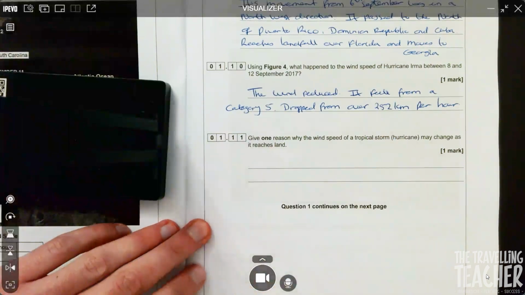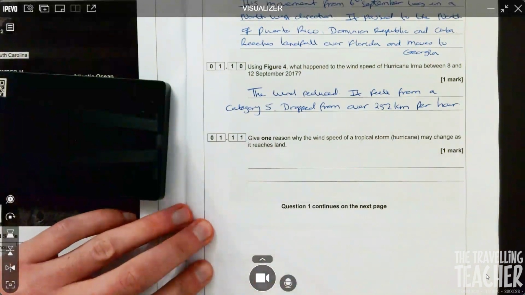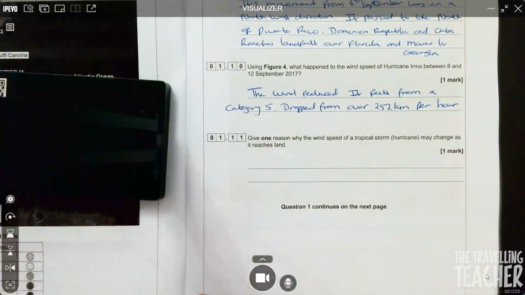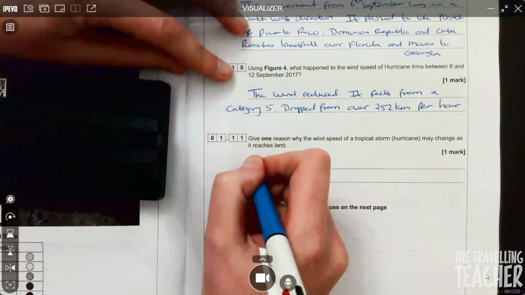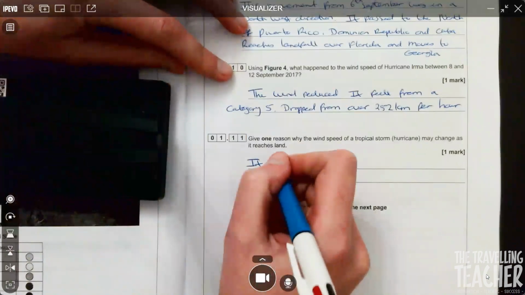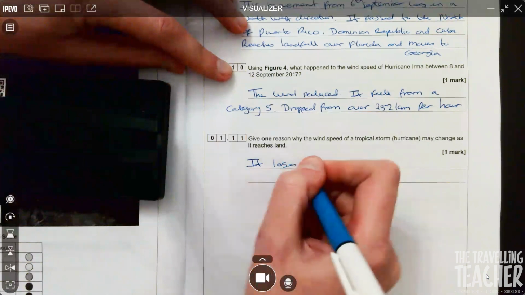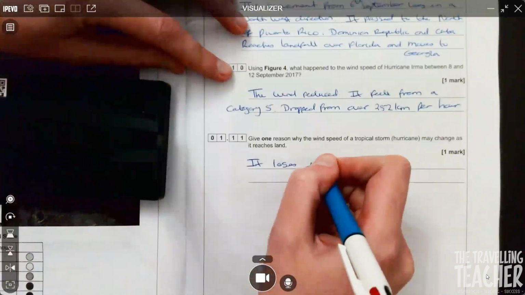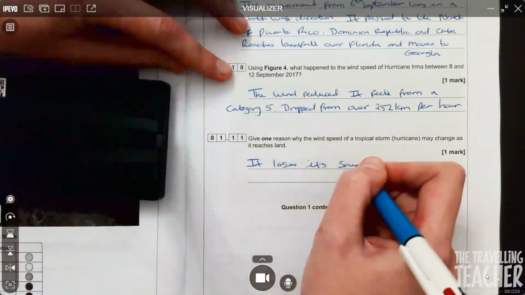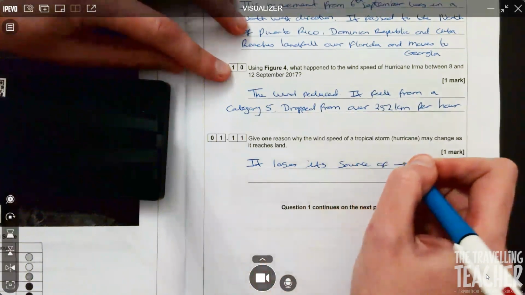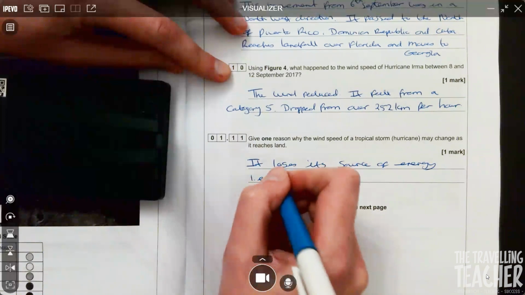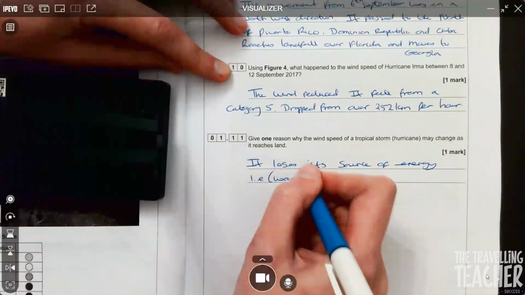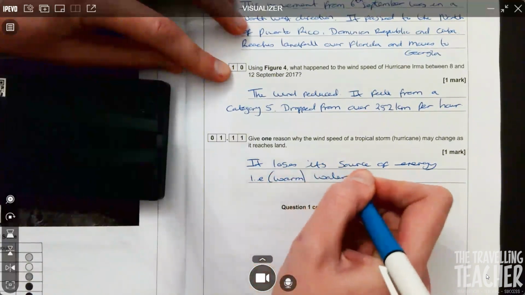Really important. Okay, give one reason why the wind speed of a tropical storm hurricane may change as it reaches land. So we're going to go with it loses its source of energy, i.e. warm water.